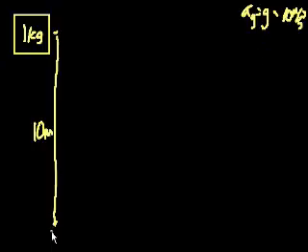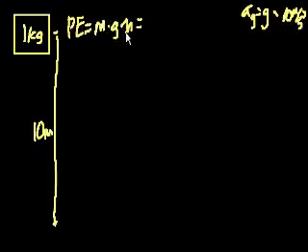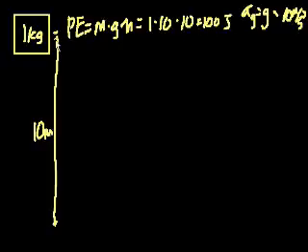So what we learned in the last video is that the potential energy, which equals m times g times h, is the mass, 1 kilogram, times the acceleration of gravity, 10 meters per second squared. I'm not going to write the units now just to save space. You should do this when you do it on your test. And then the height is 10 meters. And the units, if you work them all out, are Newton meters or joules, and this equals 100 joules. That's the potential energy when I'm holding it up there.